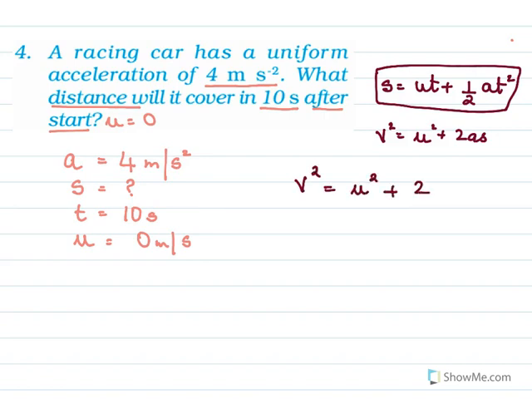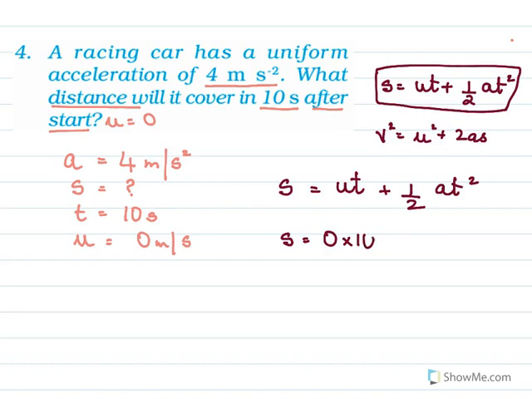We just drop this out, and we are going to use s equal to ut plus half at square.